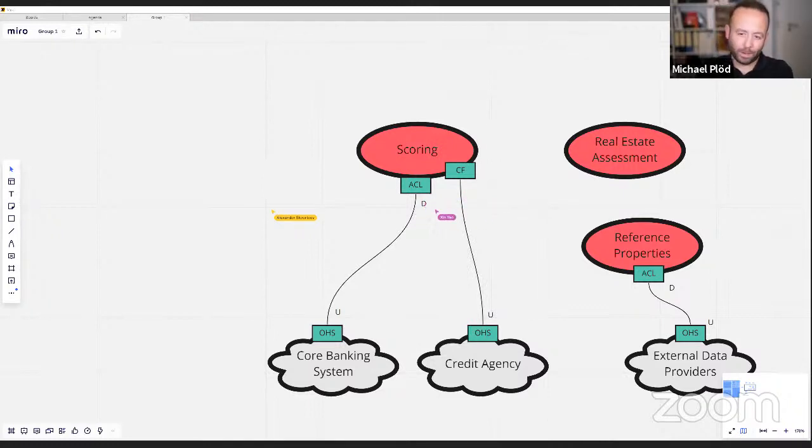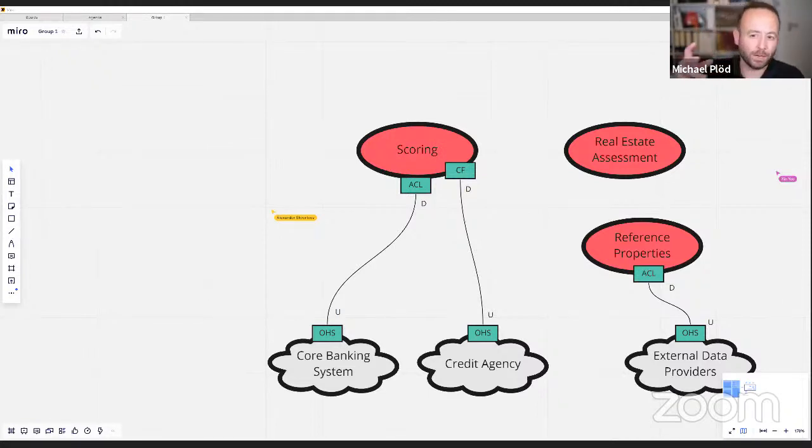Or let's say the credit decision: we have a credit decision template that has, for instance, a scoring result in it, that has a collateral value in it.